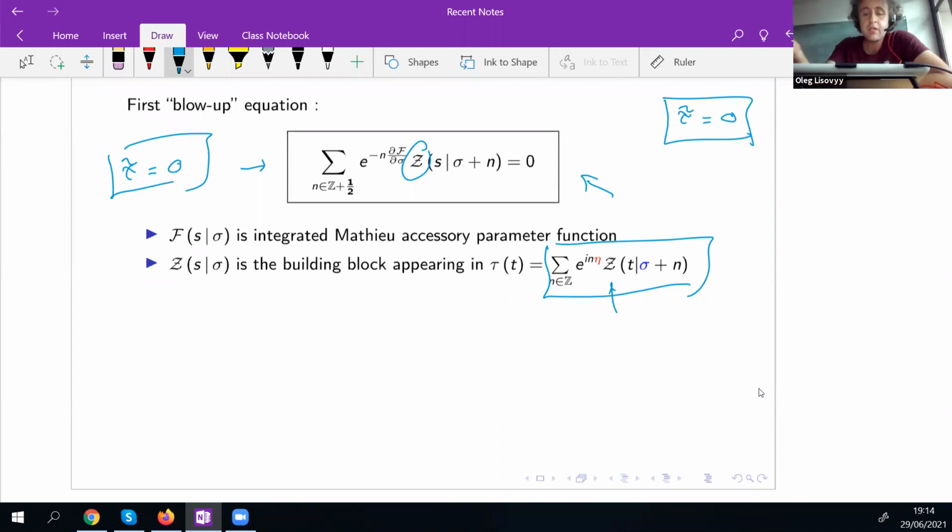And indeed, we checked that the first terms of this asymptotic series match the topological recursion calculations. We have checked that we can compute that the series for Z is determined by the asymptotic series for the accessory parameter. But well, yeah.